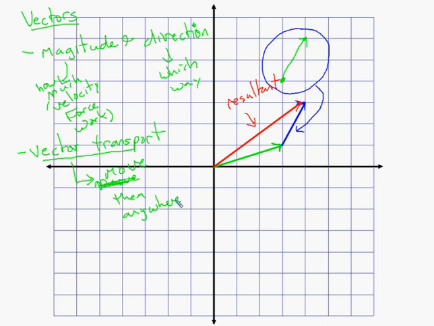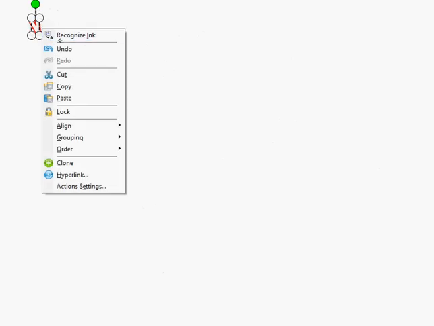Okay. Let's say I want to find a vector, because we're used to a coordinate plane. So maybe I want to find a vector. We're going to find a vector that is drawn through 2 points.